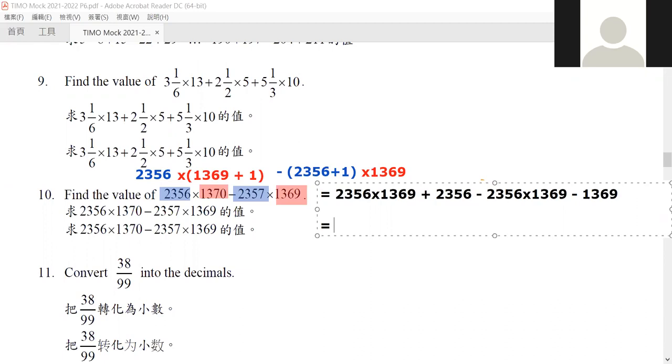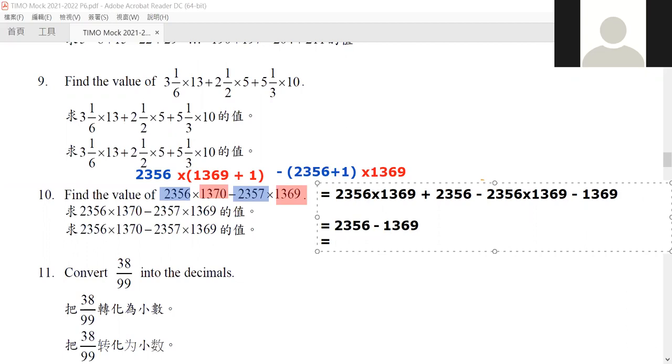So the final answer is 2356 minus 1369. So at the end of the day, it would be equal to 987. And 987 is our answer.